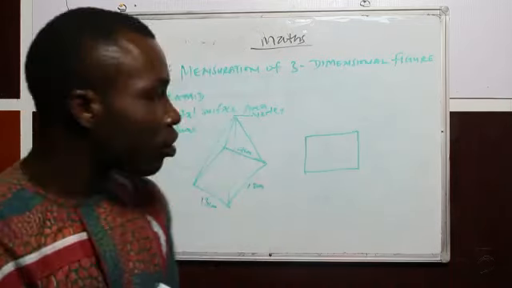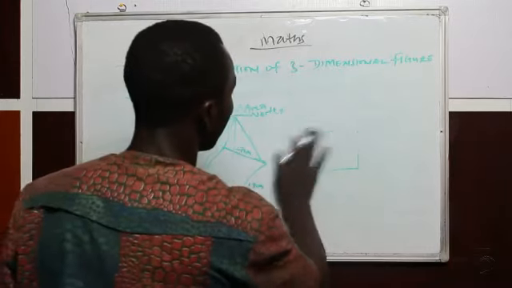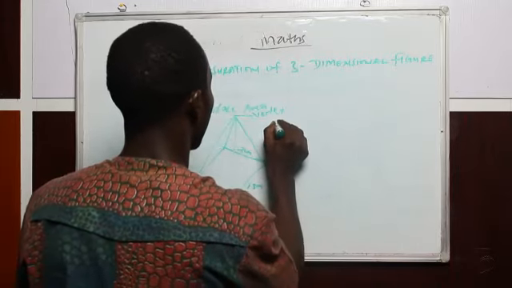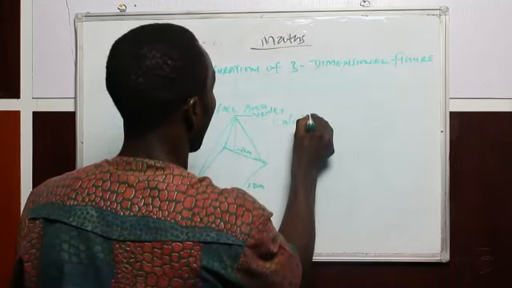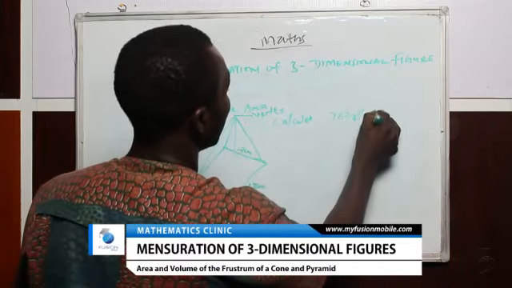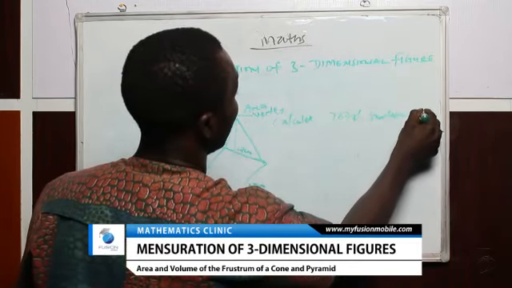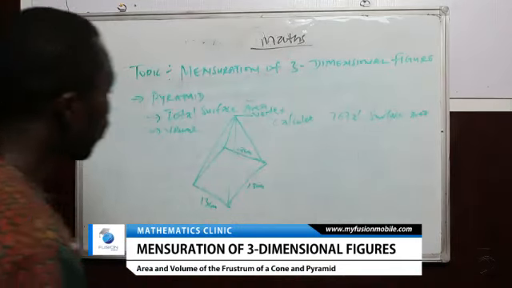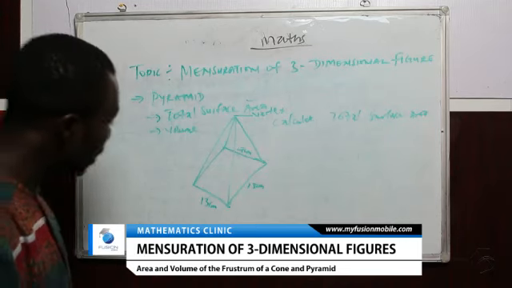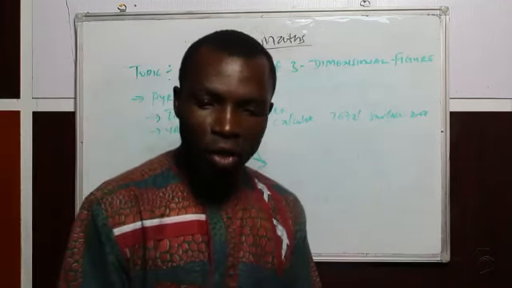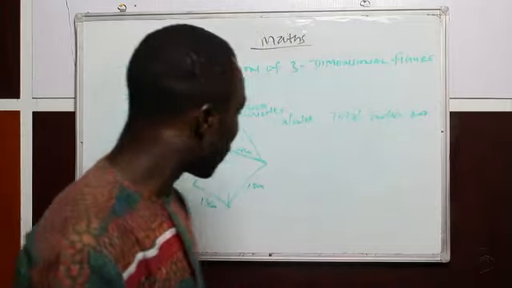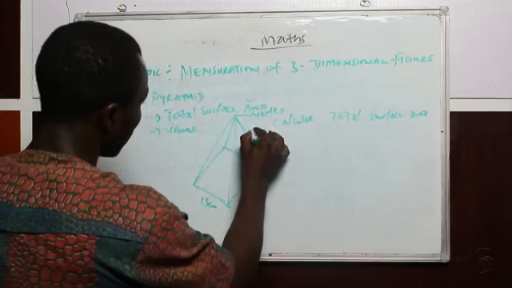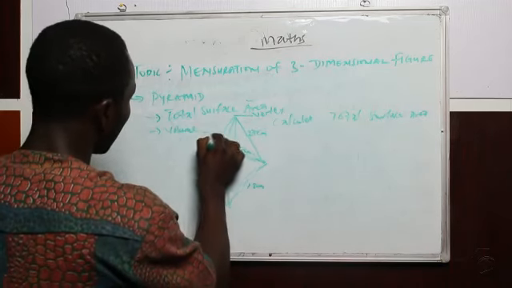Then we have to calculate the total surface area. That's the number one thing they ask us to calculate, total surface area of a square base pyramid. How do we calculate total surface area? Now, they say each of the sides of this 4 is 27 centimeter. This place is 27 centimeter.